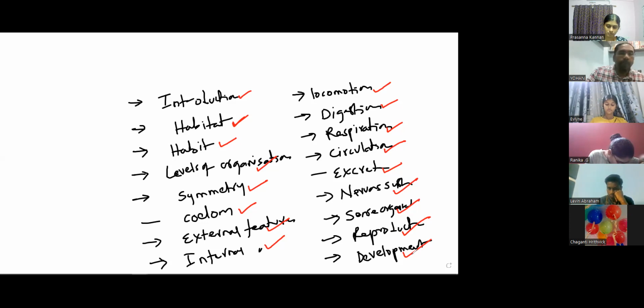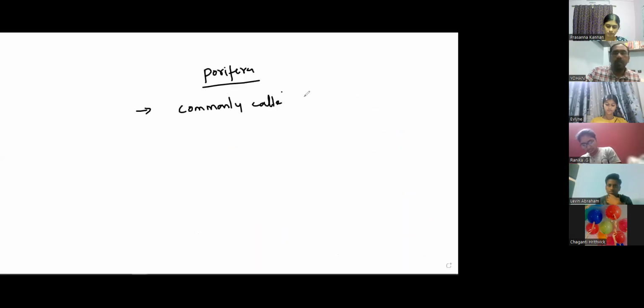Number one. What is the first pointer? Introduction. Poriferans are commonly called sponges. This is the introduction.